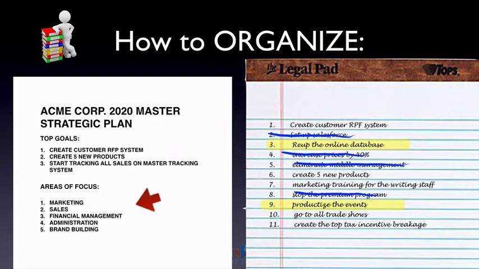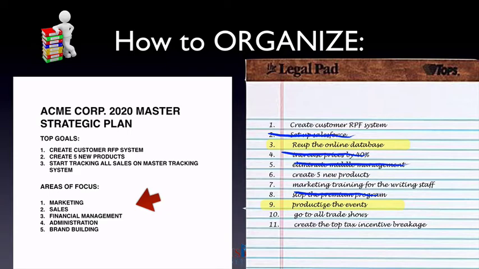And you can see here, these areas of focus maybe aren't completely dissimilar from different departments or divisions in an organization: marketing, sales, financial management, administration, brand building. It's not exactly the same, because usually divisions and departments are very classically divided up, in a way that's actually very similar across almost all organizations.